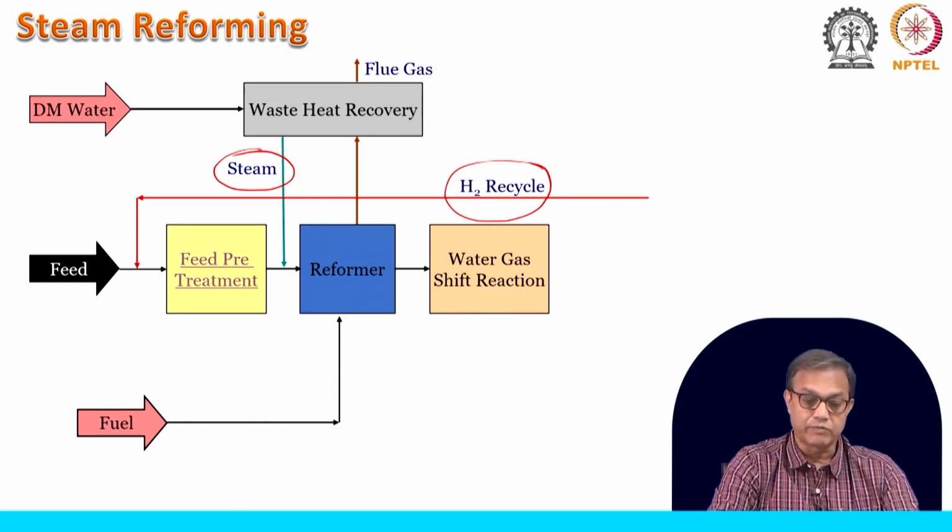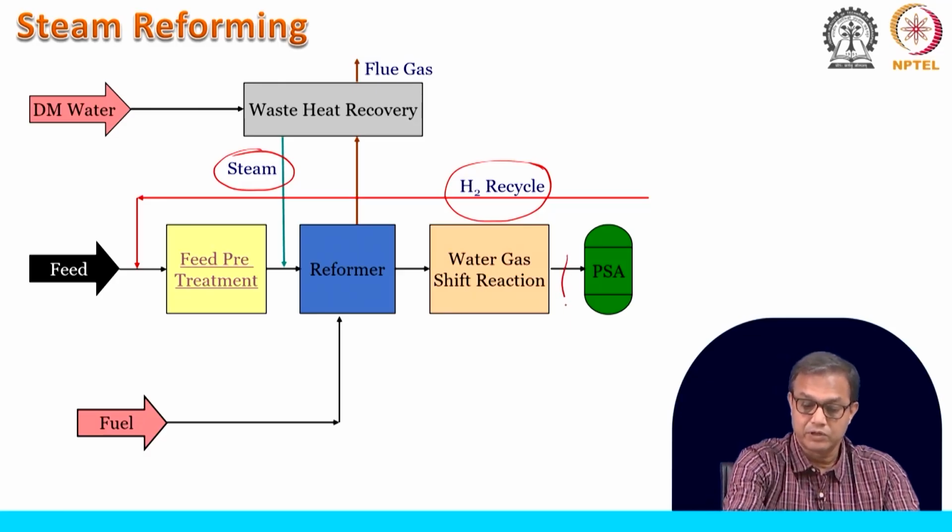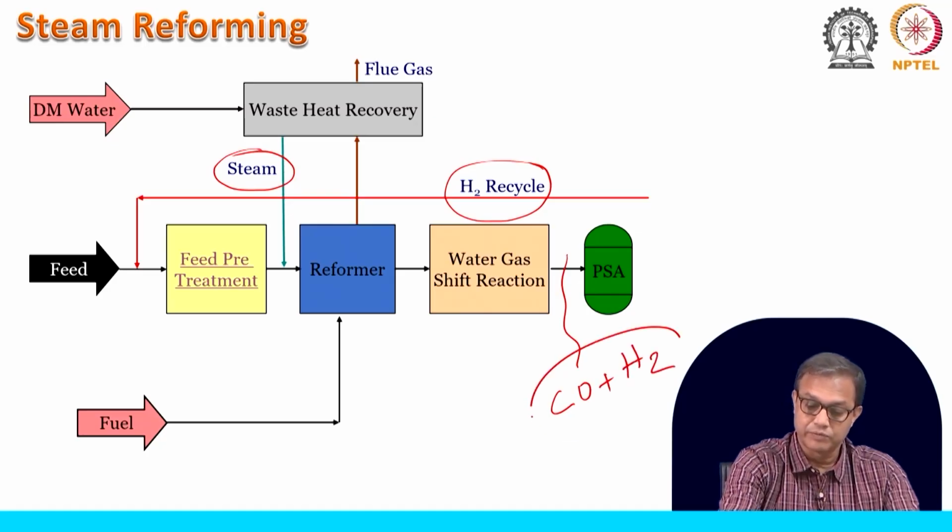So, basically that will enhance the H2 content in the overall reaction. So, the water gas shift reaction will take place, and finally what we have is basically CO plus H2. This combination would be there.